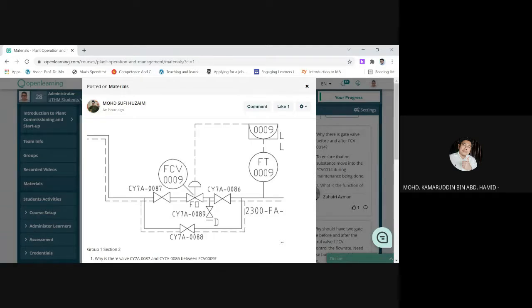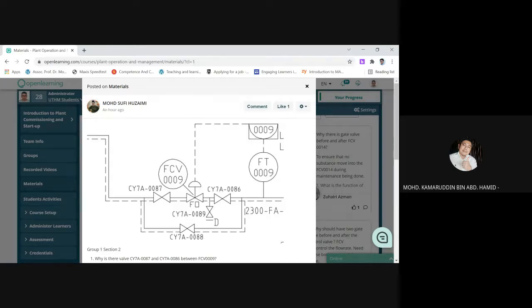Because we don't want to have a no flow. To avoid having less flow ataupun low flow, then you need to monitor the low flow. Okay, and set an alarm for that. Okay, jarang flow kita akan ada high alarm. Selalunya high alarm ni kita guna untuk level.